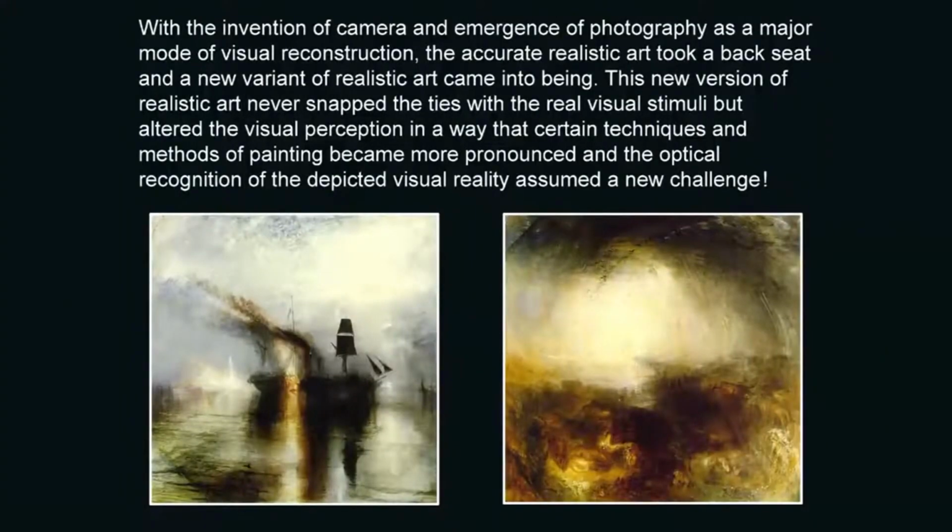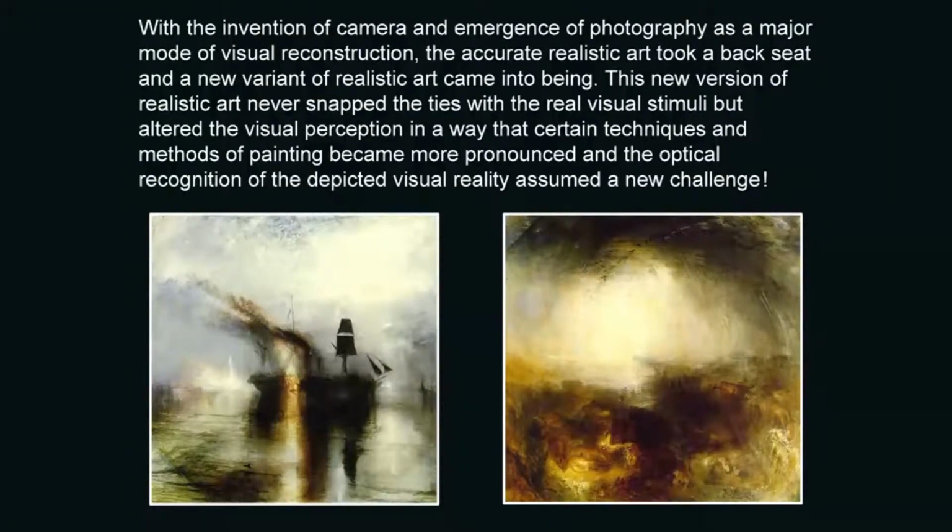And we also have somebody like Turner, who upsets the notion of realistic art with his most unusual and extraordinary paintings like this. So, with the invention of the camera and emergence of photography as a major mode of visual reconstruction, accurate realistic art took a backseat and a new variant of realistic art came into being.